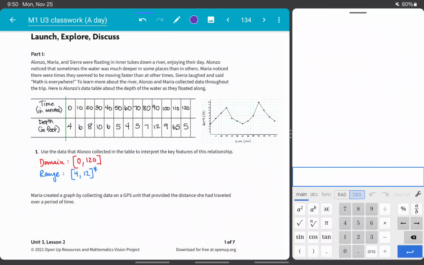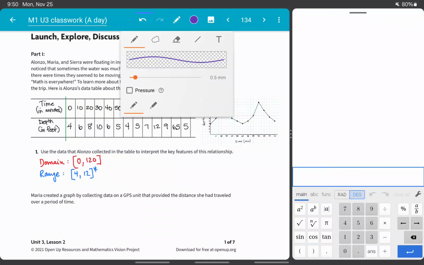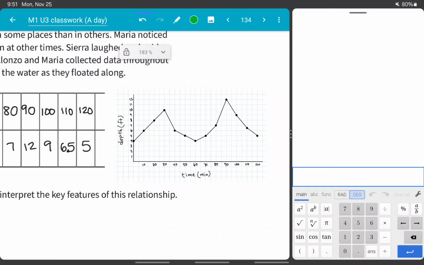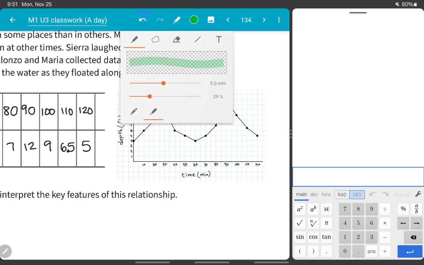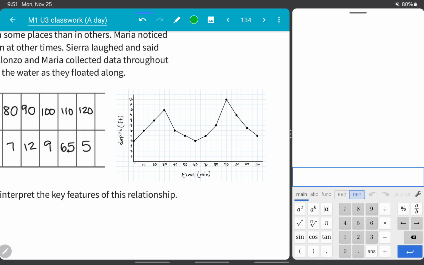Okay, now let's talk about the parts where the graph is increasing. So this graph is going up. The graph is increasing starting here at 4, and it goes up to 10. But if I think about the x values that are associated with it, it's from 0 to 30.